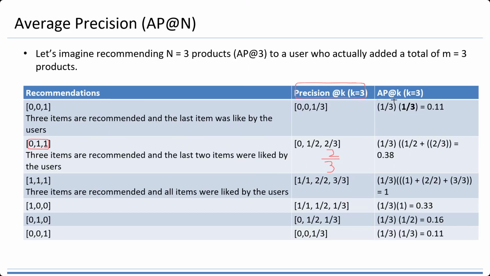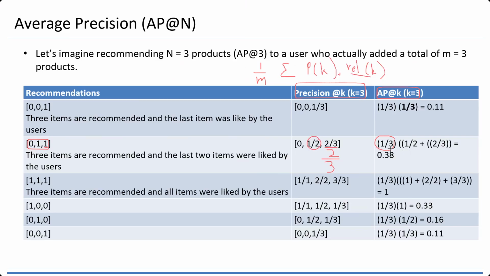And we want to look at the average precision at K. Again, we do 1 divided by M. It equals the summation of the P_k multiplied by the relevance of k. The P_k is the precision at that item, and if it is relevant, then it is multiplied by 1.